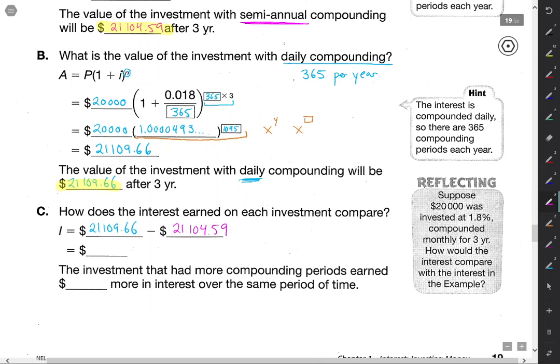If we subtract those two numbers, in the end, we will get $5.07. So the investment that had more compounding periods earned $5.07 more interest over the same period of time. So by compounding it or collecting that interest more every year, we earned an extra $5, which isn't that much, but it is a little bit more.